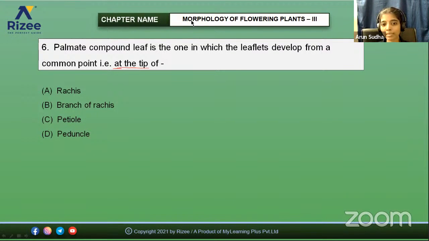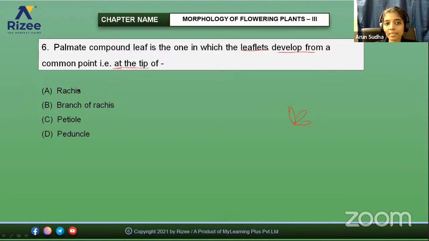For this question, actually, the answer is C. That is petiole. Yeah. In the case of palmate compound leaf, the leaflets arise from a common point. Here, the leaflets develop from a common point, that is from the petiole, and many leaflets form at a common point.